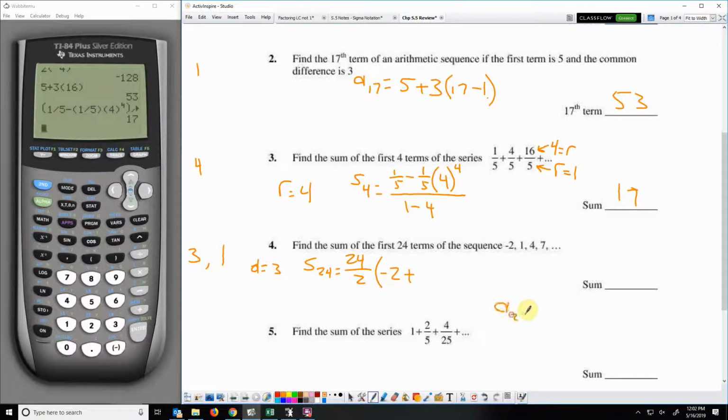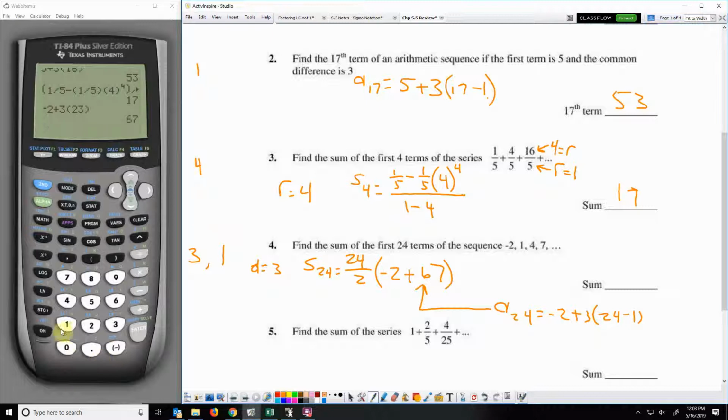So a sub 24 equals the first term plus the common difference times n, 24, minus 1. And what I get for that is going to go right there. So negative 2 plus 3 times 23. So 67 is the value of the 24th term.